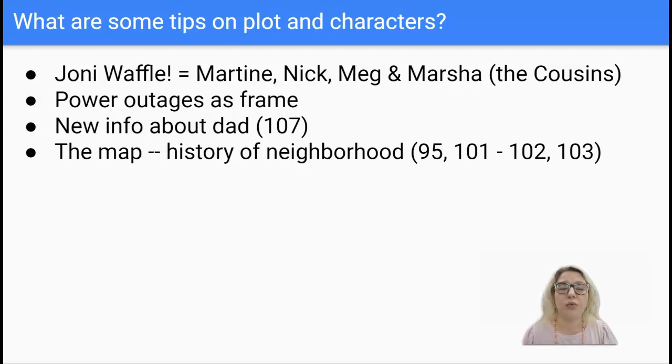That power outage was caused by a glitch in paying the utilities bill, according to his mom. But power outages are common on Long Island, we're told. Then the chapter ends with an actual power outage of all of Long Island, or at least a big chunk of it, when he's at work at Joni Waffle. What is Joni Waffle? It's the ice cream parlor where he works.